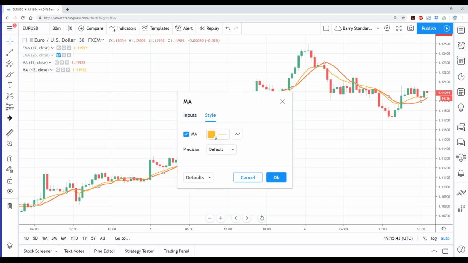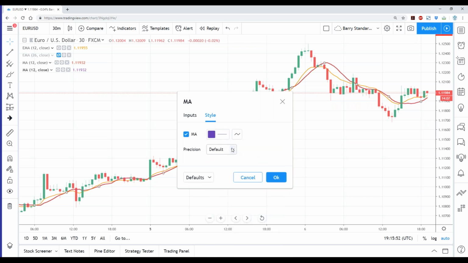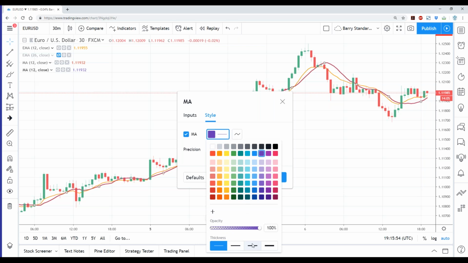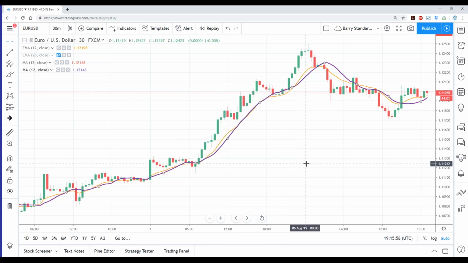Let's make this one an easy to see color. We're going to make this one purple. That should stand out. The purple and the orange are now over top of each other, so let's get rid of the orange because we don't need to see that anymore.